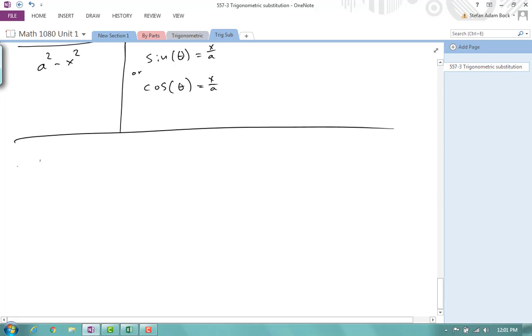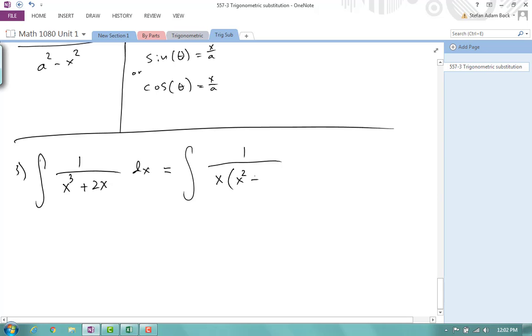So let's suppose I had another problem, which looked like the integral of 1 over x cubed plus 2x, dx. I don't actually have a sum or difference of squares here at first glance, but if I rearrange what I have here, I'll have 1 over x times x squared plus 2.